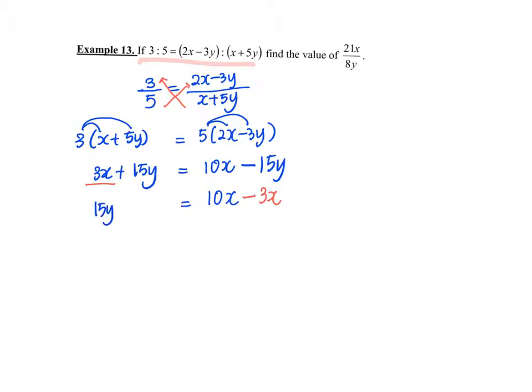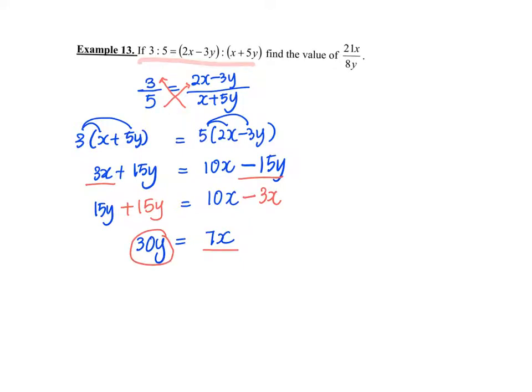Now some students will tell me, oh, 15y and 15y cancel, it becomes 0. That's not true, okay? Because this is minus 15y. When it comes over here, it becomes plus 15y. So simplifying, we have a total of 30y equals to, how much is this? 7x. Okay, now I'm trying to get close to it. I know that 7x is equal to 30y.